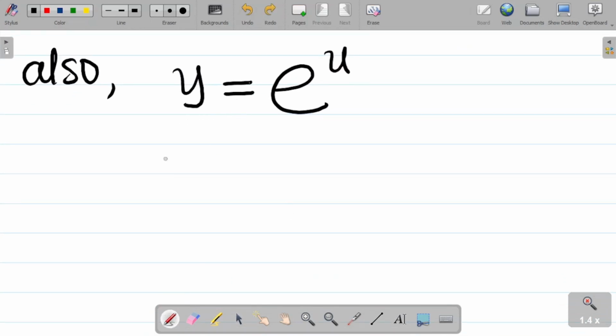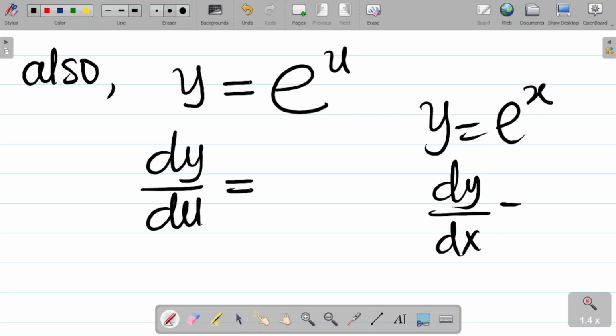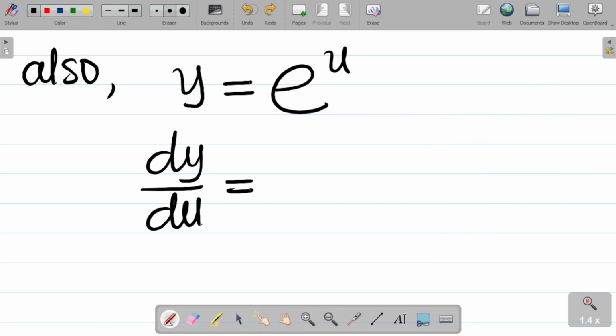So from here we'll have that dy over du is equal to, now we said if y is equal to exponential x, then dy/dx, in our previous class, if I differentiate exponential x, I would have exponential x. The same thing happens here. If y is equal to exponential u, then differentiating y with respect to u, we'll have that dy over du is equal to exponential u.